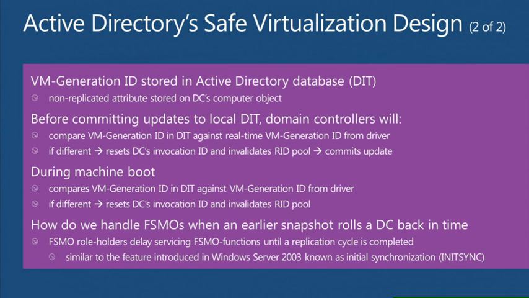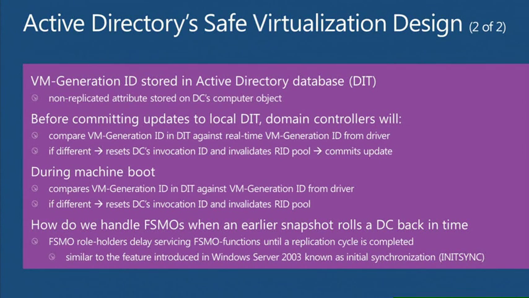So during startup, the domain controller comes up, invalidates its RID pool, resets its invocation ID, tries to do a replication sync, and contacts the RID FSMO owner to get a new RID pool, so that once it's up, it can start servicing requests and create new security principals.